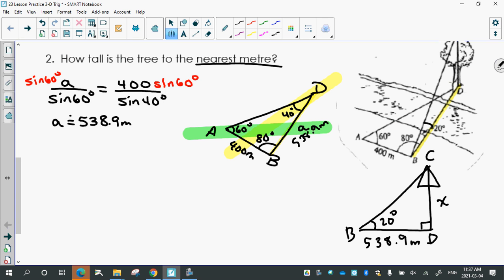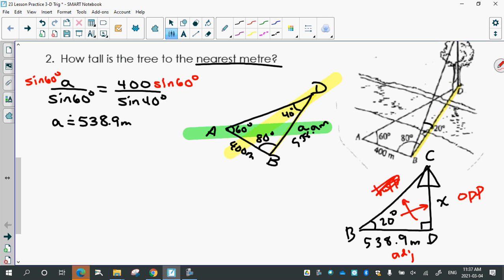And now it's a right triangle, so I could use SOHCAHTOA. I can name my sides according to the 20-degree angle, where X is my opposite side, hypotenuse, and adjacent. Which one would I scribble out? Hypotenuse.